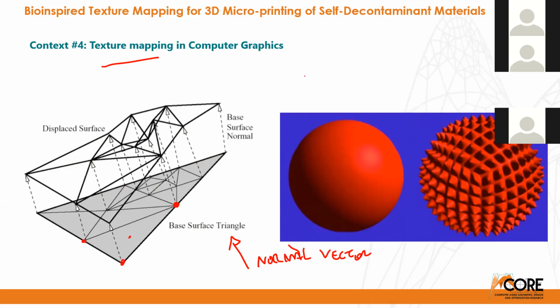Because in computer graphics, we use the neighbors of the triangles in order to determine which direction the normal vector should have. This is like you want to more or less model the original smoothness of the surface.